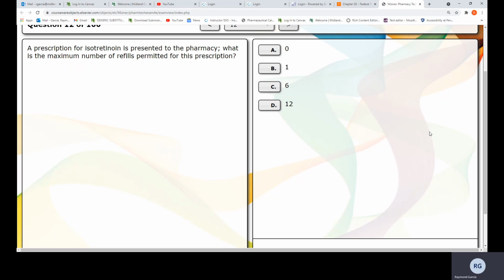None? It is zero. Because the prescriber wants to keep track and see how the patient is doing, especially after 4 months, because it could affect the female if she's trying to get pregnant. The prescriber should know. Yeah, refills are not permitted.